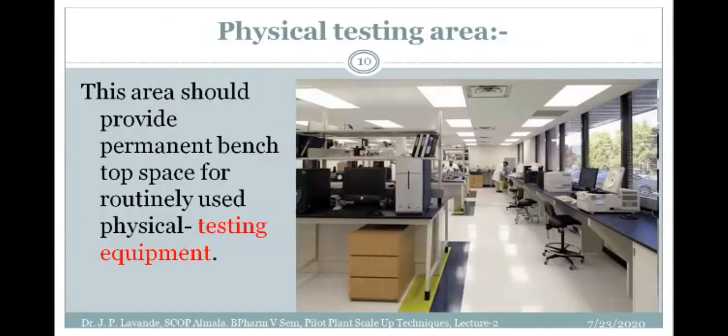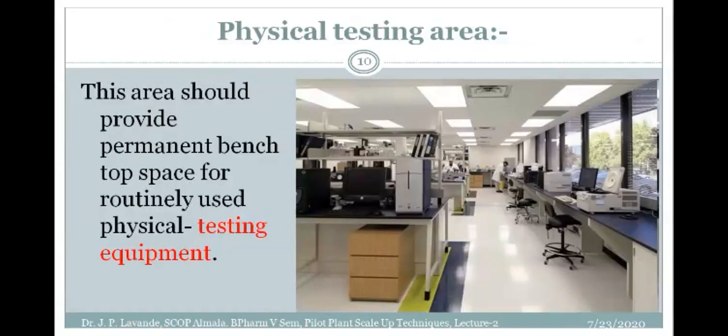As far as the floor space is concerned, the second requirement is for the physical testing area. This area again should provide permanent bench-top space for routinely used physical testing equipments.